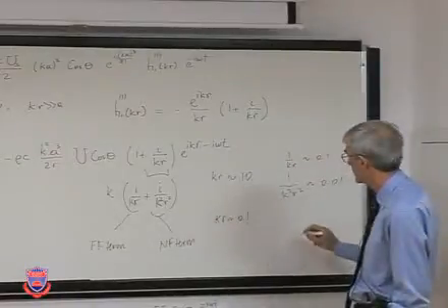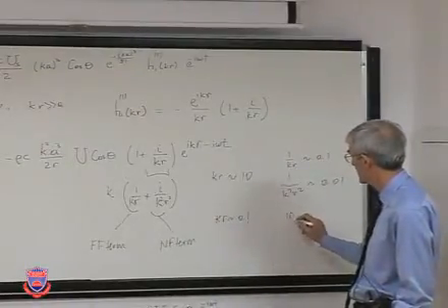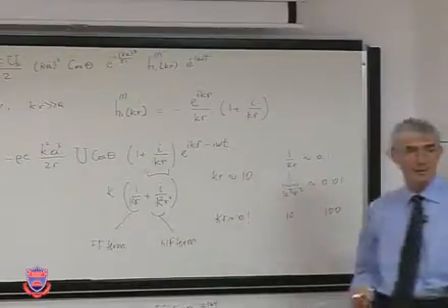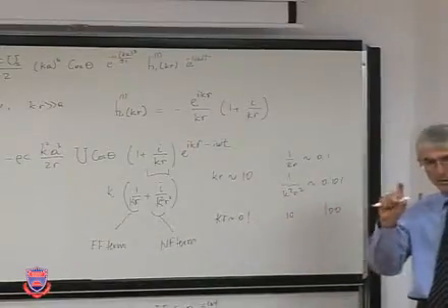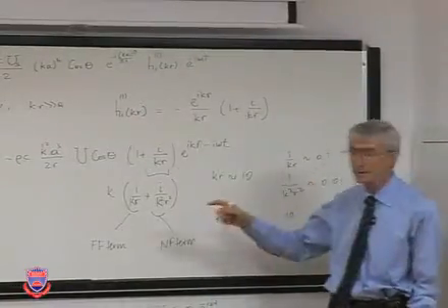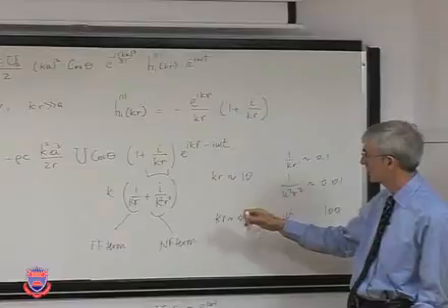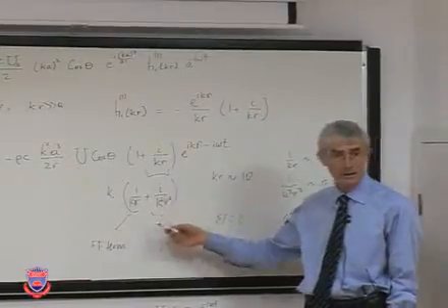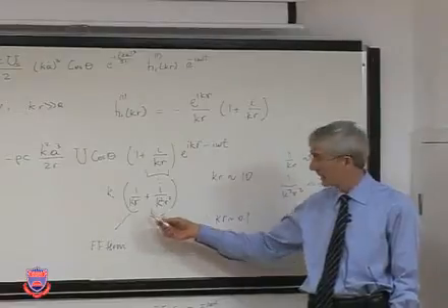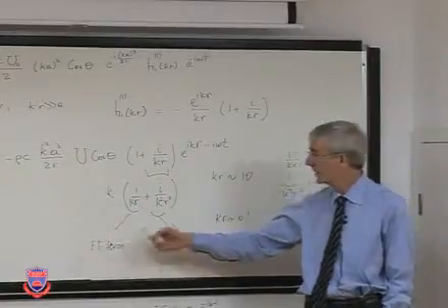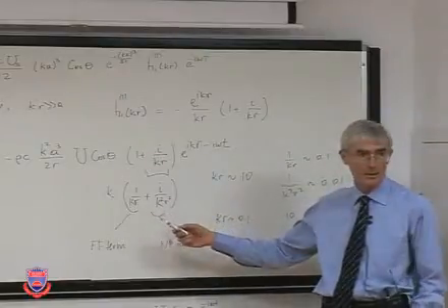The far field term is approximately 10, and the near field term is approximately 100. So when you go to the far field, when Kr is very large, this becomes negligible. And that's why we call that the far field dominating term. And this is the opposite.